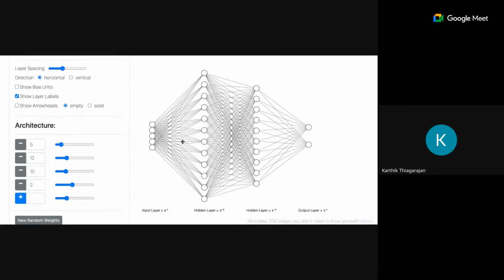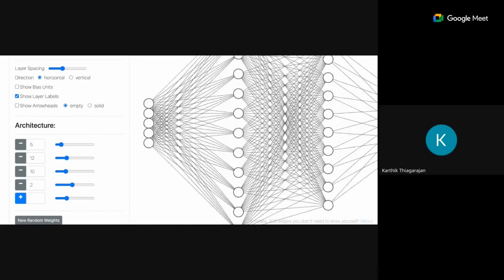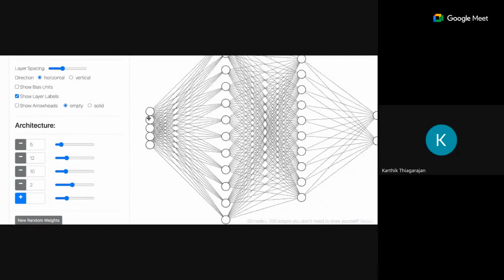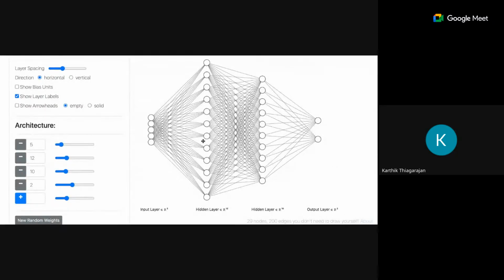Input comes in here on the left-hand side. In this case, input is in R5, so there are 5 features. We call each of these neurons, the input neurons. So there are 5 input neurons. And then you have a bunch of hidden layers and then one output layer. That's what makes up a network.